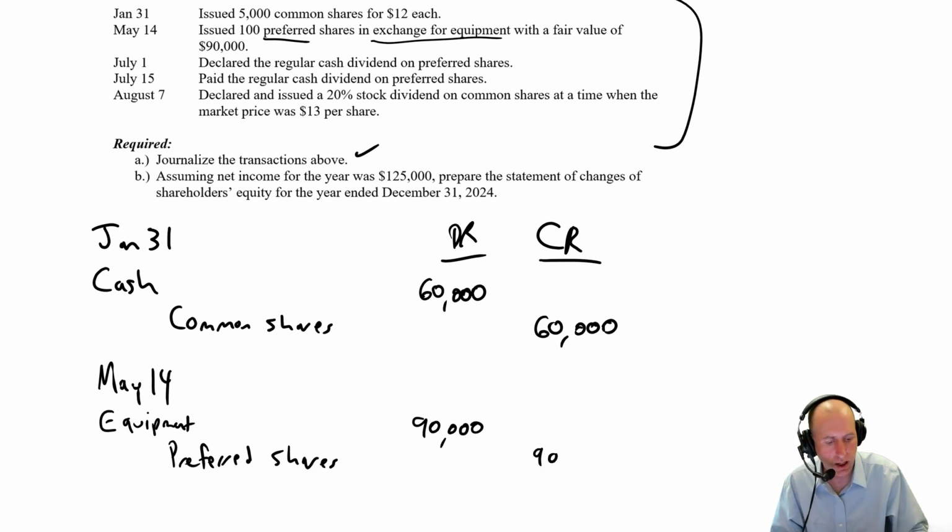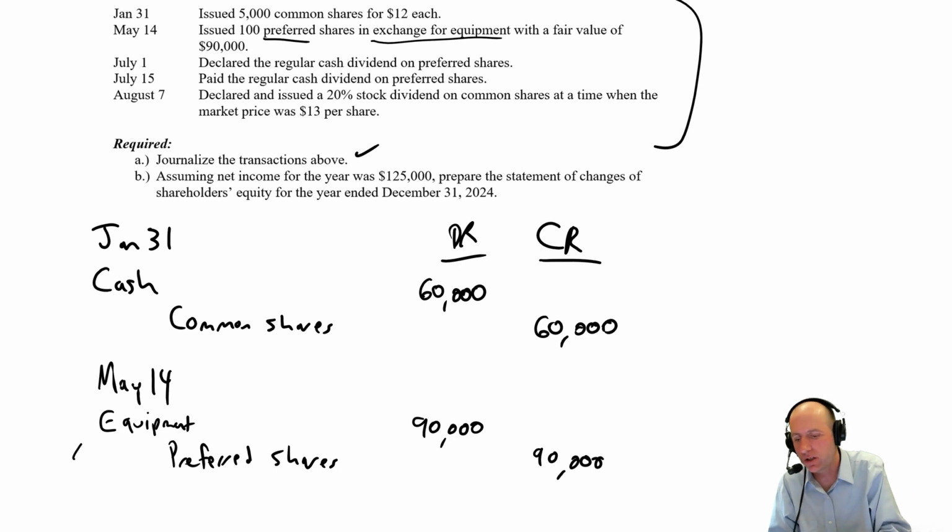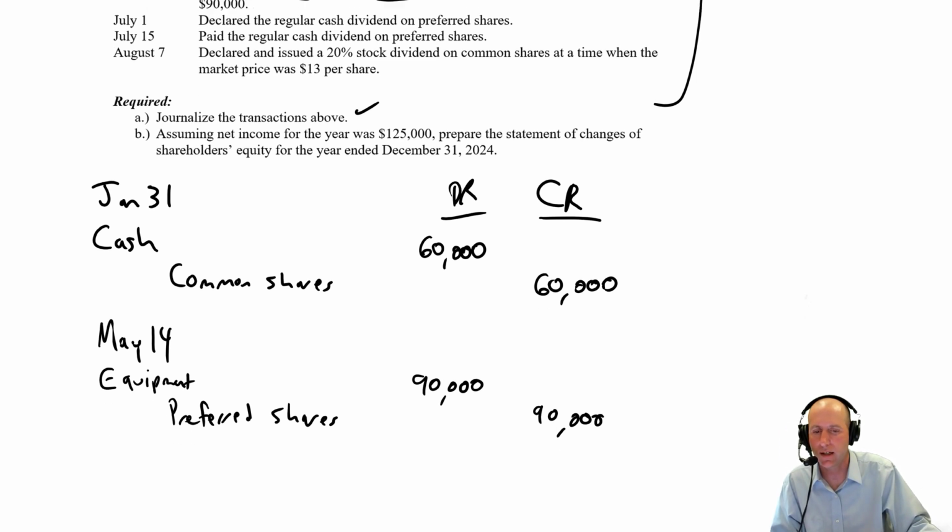So this is just to illustrate the point that when you issue shares, be they common or preferred, usually, I mean, really 90+% of the time it's going to be for cash, but it can also be for other assets, right? And we just say, okay, the value of the shares we issued is the same as the value of the asset. Doesn't matter the number of shares here. It's all about the dollar value of the asset being exchanged.